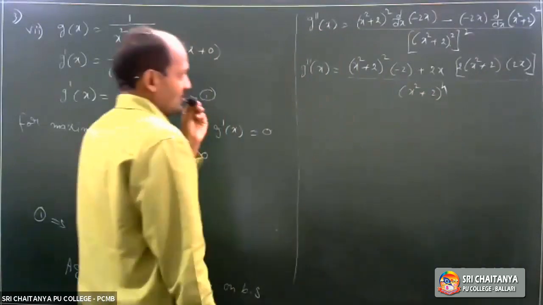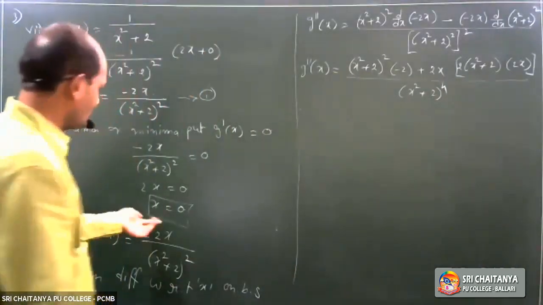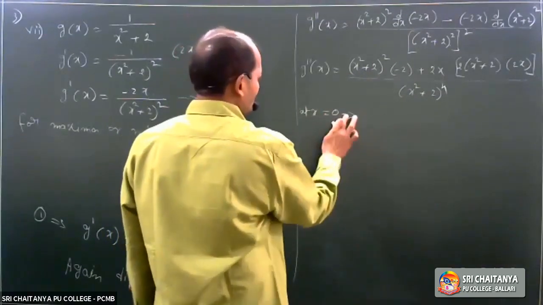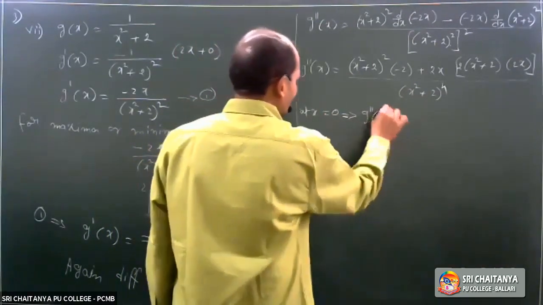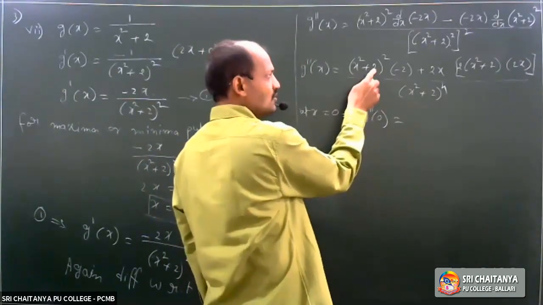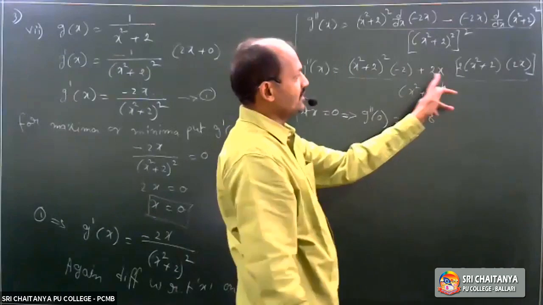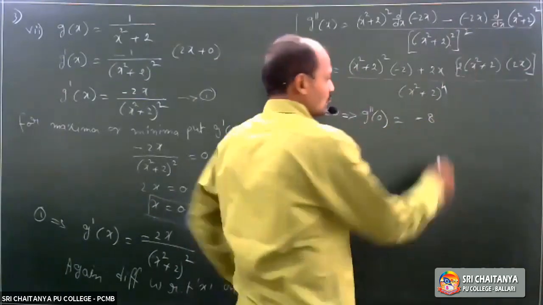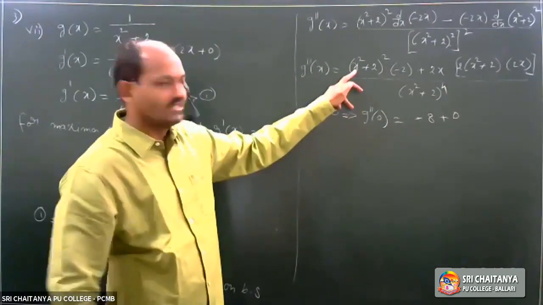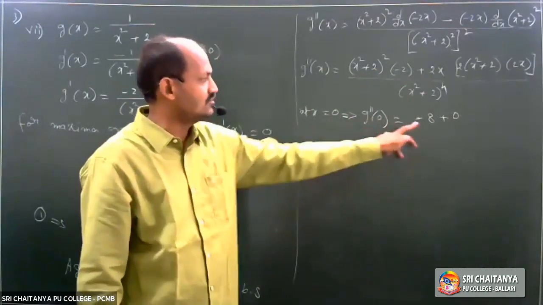At x equal to 0, no need for explanation, because that expansion will get lengthy. Directly substitute x equal to 0 in the second order derivative. With x value 0, 2 square is 4, and 4 into minus 2 is minus 8.